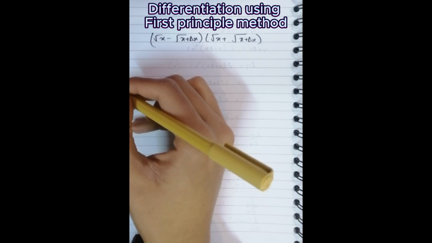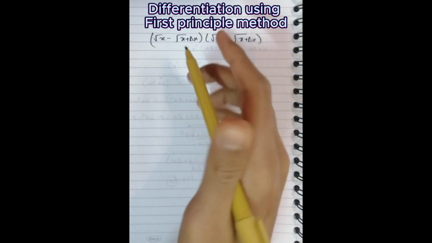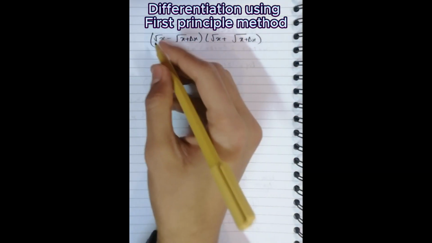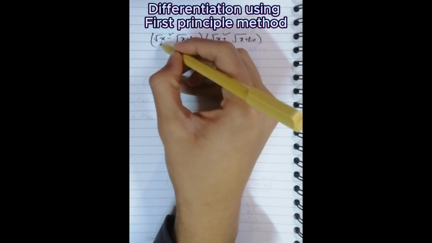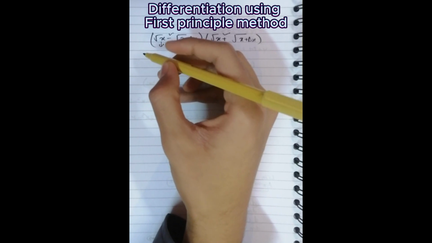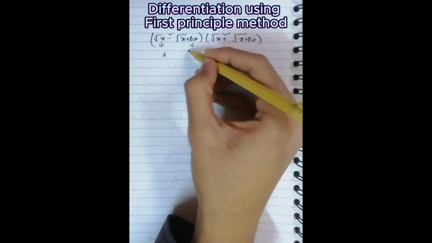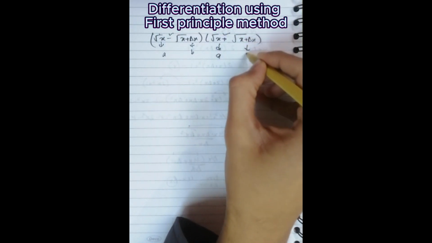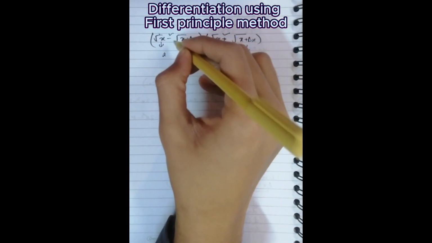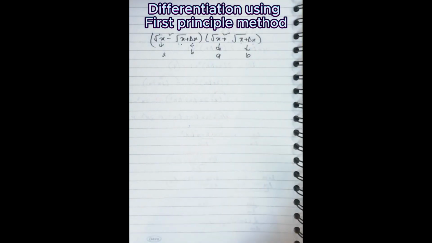This is the same equation that I copied from the previous page. What is going on over here is that we have a minus sign and a positive sign, and this is going to be our a, and this would be our b. This would be our a, as you know, x and x are the same. This is going to be our b, as you know that root x plus delta x and root x plus delta x are the same on both sides.